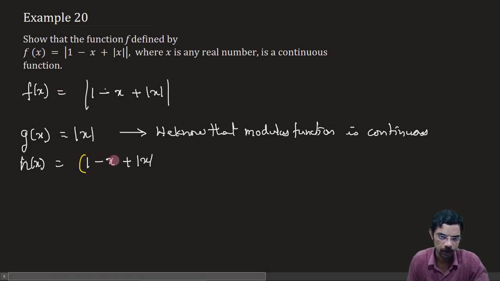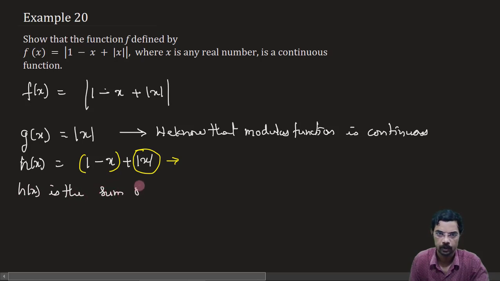One is a linear polynomial function, and the other is the modulus function again. The polynomial function is continuous and the modulus function is also continuous, so h of x is the sum of two continuous functions.